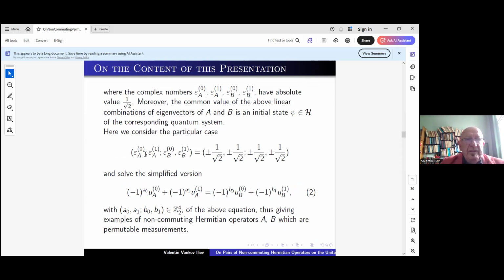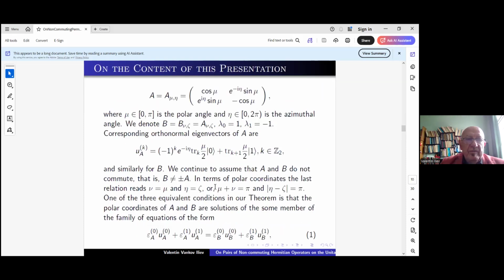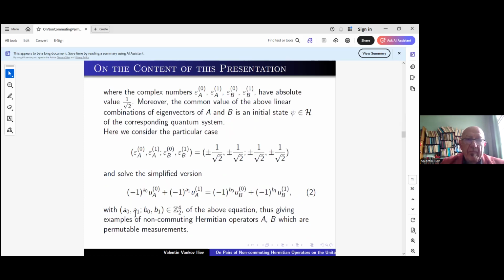So here, in order to give examples, we consider a very particular case. Those four complex numbers are just plus minus 1 over square root of 2. And then the simplified version of this equation is this equation, and we will solve this equation for any four-dimensional vectors in this Z2 linear space.